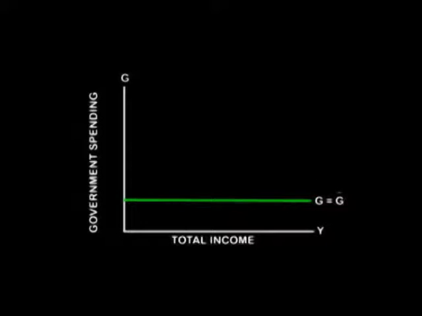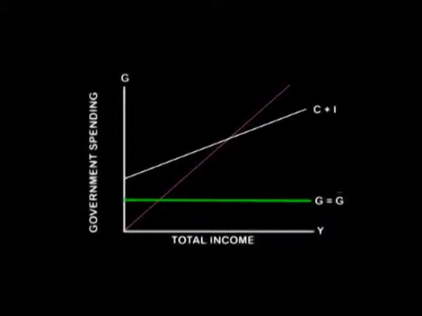Just to recap, the first element of government activity that we included into the model was government spending, which is classified as autonomous in the model. This moved the aggregate spending line upwards in order to reflect this additional spending.